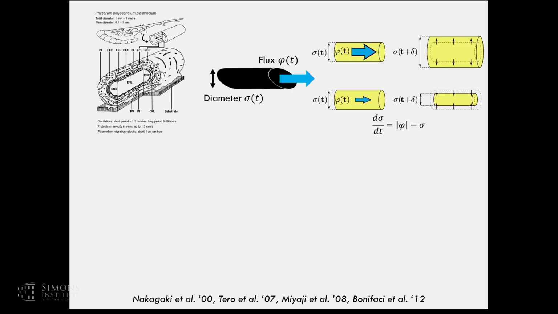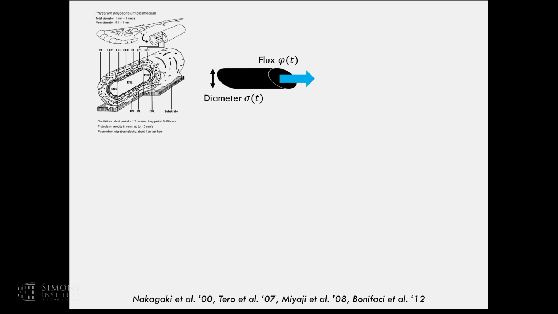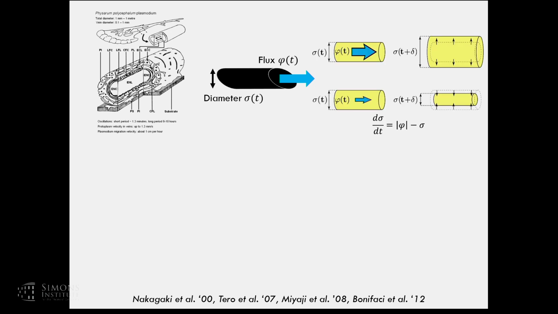And the fact is that depending upon the flux of the flow through each of these tubes, it has this ability to control the diameter. And a bit more precisely, if the flux is large compared to the current diameter, then the diameter increases in the next time step. And if the flux is small compared to the current diameter, then the diameter decreases.